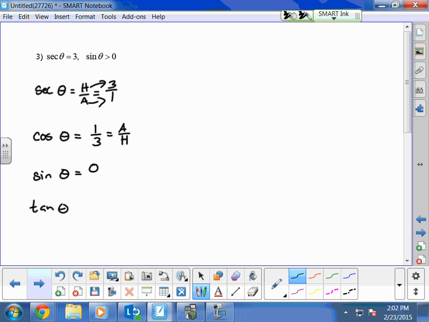Now, you know that you have opposite over hypotenuse, and you know you have opposite over adjacent. Now, the thing is that where does this angle lie? One thing that's important, sine is positive. If you look at your unit circle, sine is positive only at the values between 0 to pi. So only the top part of the unit circle.